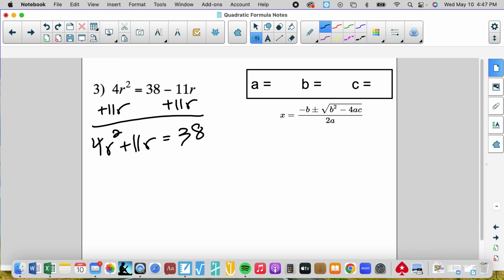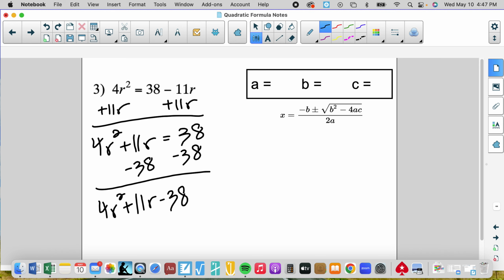How do I get rid of that positive 38? By subtracting 38 with a negative 38. And that gives me 4r squared plus 11r minus 38 equals 0. Now it's in standard form. It's set equal to 0. Now I can pull my a, b, and c values. A is 4, b is 11, c is negative 38.